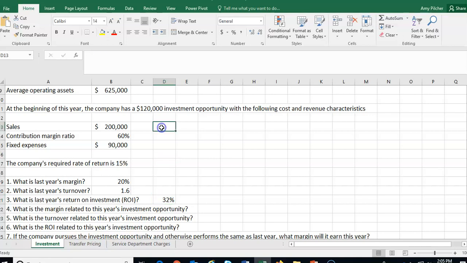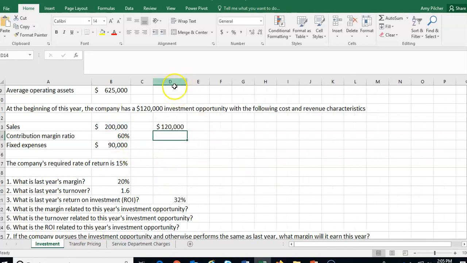So if we take our $200,000 in sales times the contribution margin ratio, that gives us our contribution margin. And contribution margin minus fixed expenses equals operating income. So see how we bring things back from previous chapters.